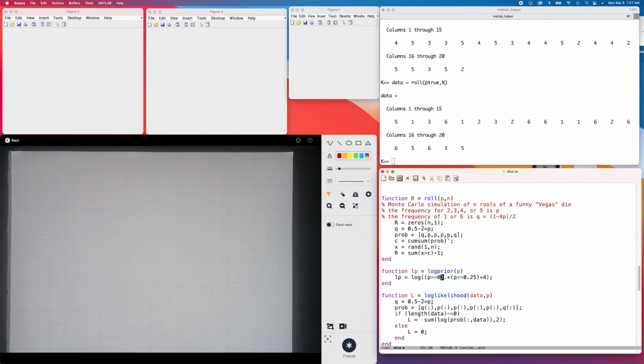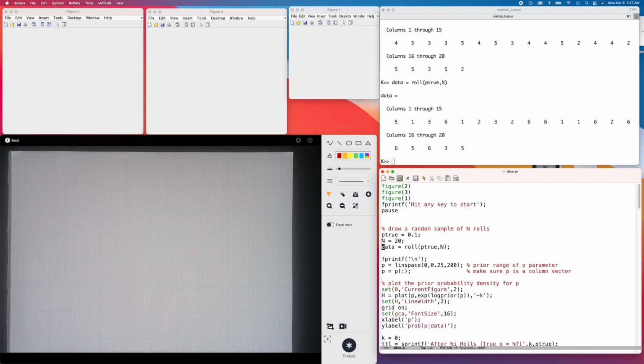These parentheses evaluate to 1 when the condition on the inside is true. So that's MATLAB syntax. The first one will be true if p is greater than 0, the second one only if p is less than or equal to 0.25. Then we multiply all that by 4 because the prior density is 4. All right, so that was simple enough.